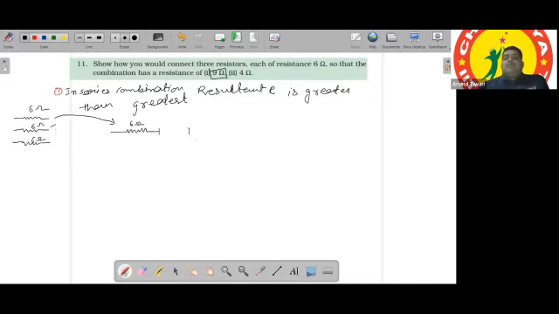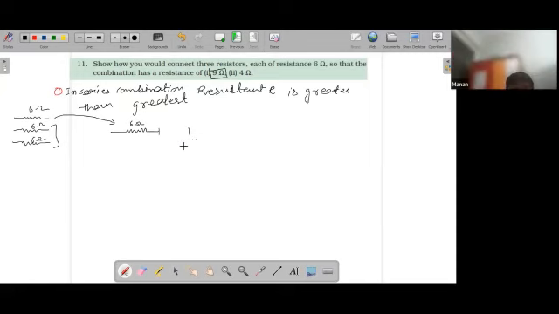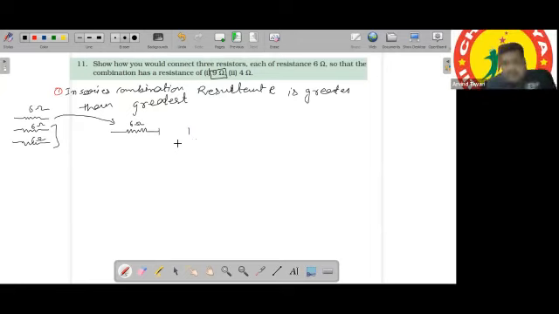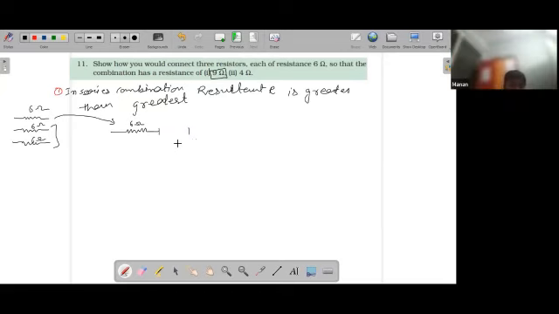I have to use the other 2 to obtain an equivalent resistance of 3 ohm so that they will produce an equivalent of 9 ohm. So to get 9 ohm, you can do 2 in parallel and 1 in series.